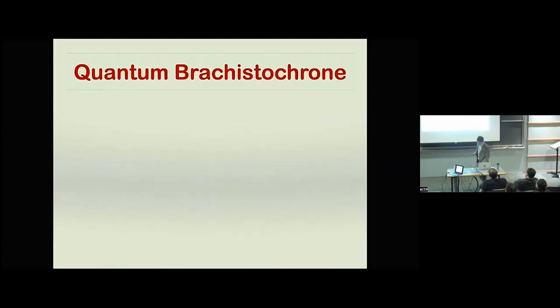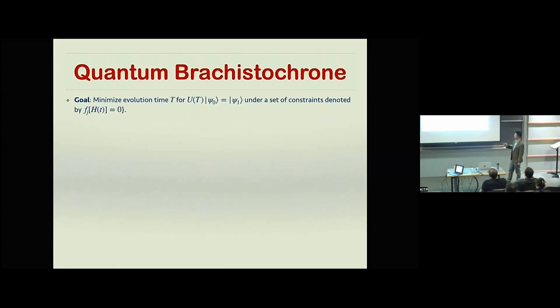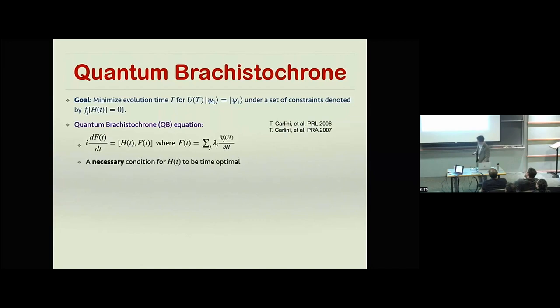Now we can phrase a quantum analog of this problem. We're thinking about a way to minimize the evolution time for the system to go from an initial state to a target state under a set of constraints, denoted by some equations. These are just some functions of the Hamiltonian that are equal to 0. In this case, we can solve this problem by solving a particular equation called the quantum brachistochrone equation.